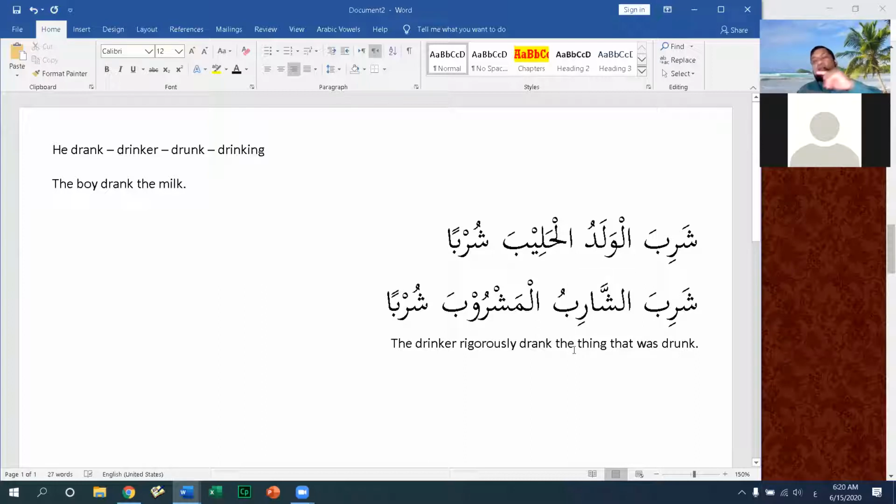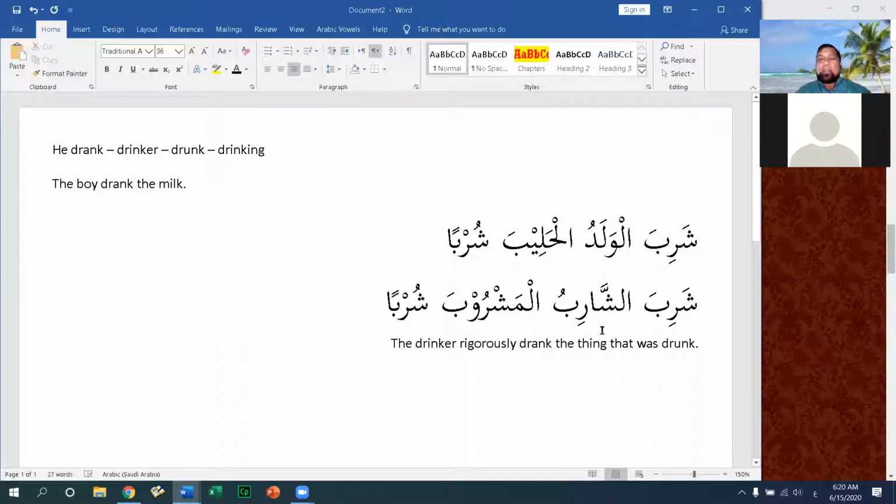Or you could have done it the other way around: الشارب الولد, that the boy is the drinker. المشروب الحليب, that the thing that was drunk is the milk. And المصدر شربا, that shurban is the masdar, the action.